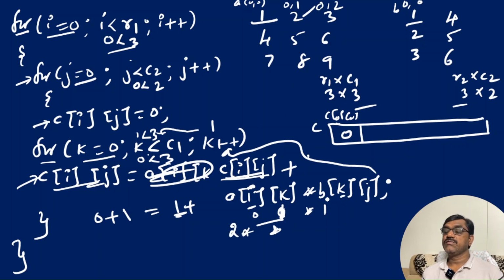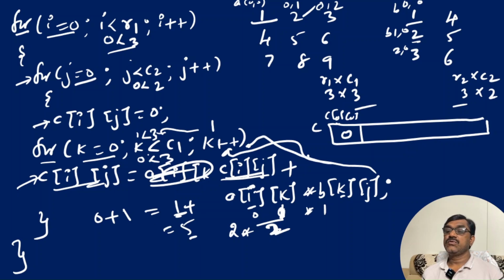K value how much? 1. J value only 0, right? B of 1, 0 is 2. So A of ik is 2. 2 into 2, how much? 4. 1 plus 4, how much? 5. We got new value of C of ij is 5.